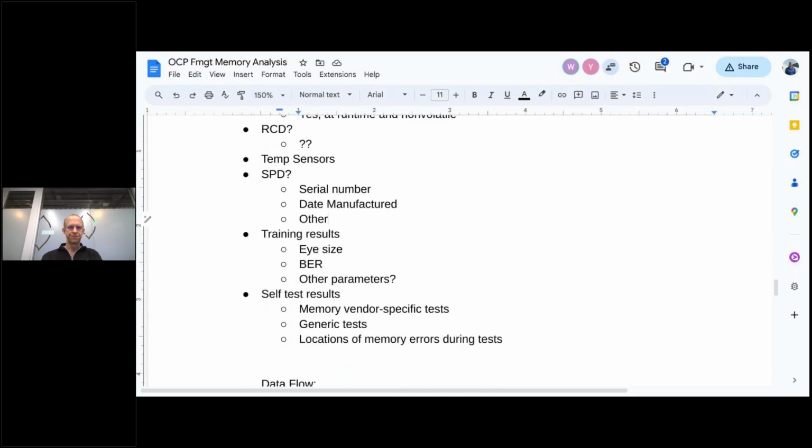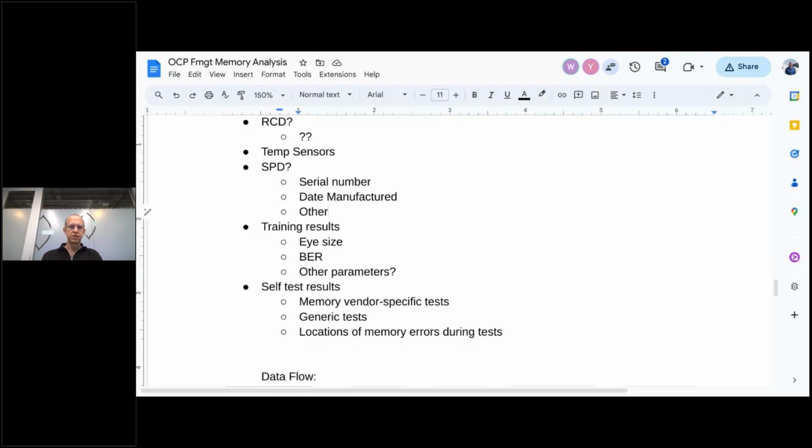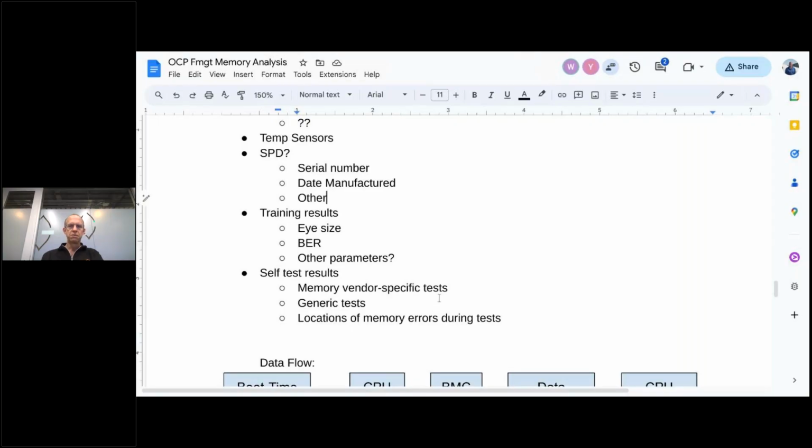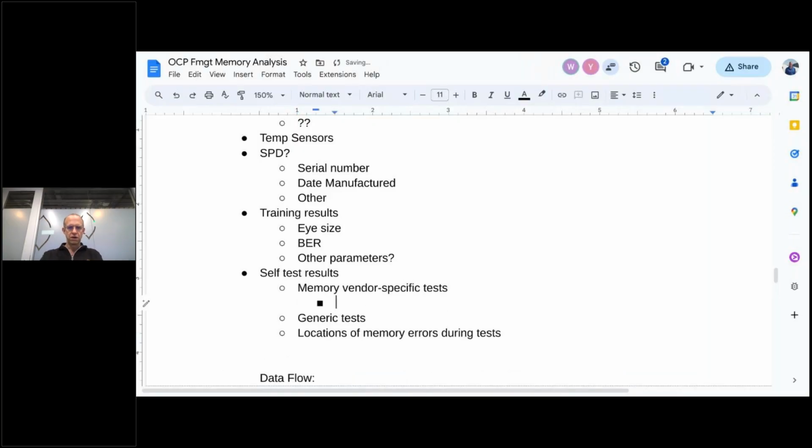And then self-tests. We have memory vendor specific tests and generic tests, and maybe the location of errors during tests is interesting. I'm particularly interested in the memory vendor specific tests, like a feedback path, right? If we have a way to log how well those tests are doing, then we can help the memory vendors optimize those tests to make them as effective as possible.